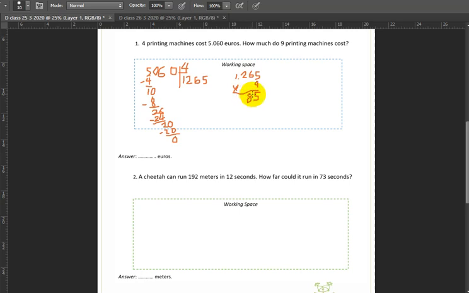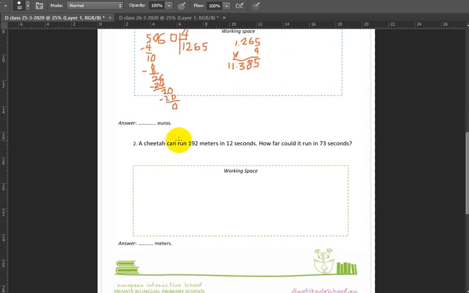I write the 8, I carry the 5 in my mind. 9 by 2 makes 18, and 5 that I carried over makes 23, so I write 3, carry 2 in my mind. 9 by 1 makes 9, and 2 that I carried over makes 11. So nine machines are going to cost 11,385 euros.